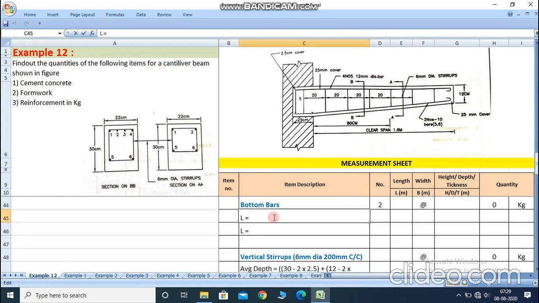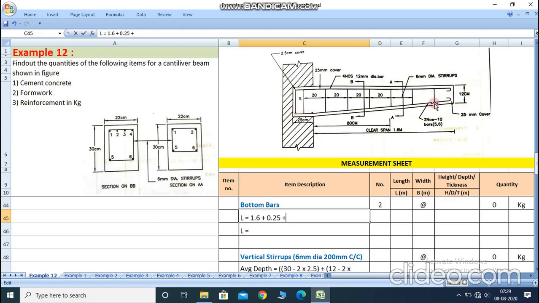So first we find out the total length of the bar. So here for the bottom bar, total length is equal to 1.6 plus 2.5. Sorry, here 2.5 is converted to meter, 0.025. So 1.6 is the clear span from starting to end, or a free end to fixed end, and 25 centimeter at here, plus here starting and end.